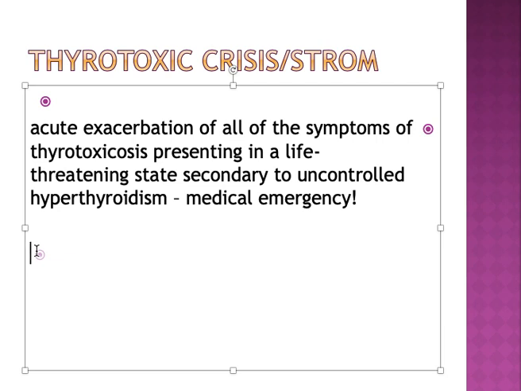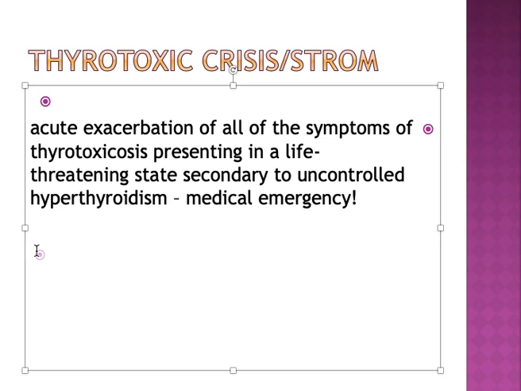Now, whenever the patient goes into this thyrotoxic crisis, the blood pressure will increase, the temperature will increase, there will be more sweating, there will be more tremors. So this condition can be confused with many other conditions.